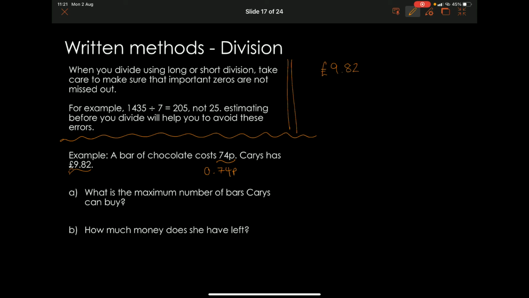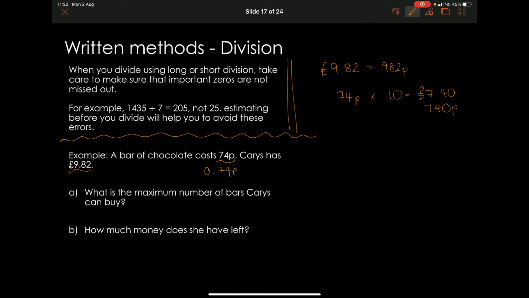What I could do instead of doing that long division method or short division method using the bus stop, I could think, okay, well, I know that 74 pence times 10 chocolate bars, I should know this, is £7.40, or 740 pence if you like. So this is 982 pence, I just want to remind you. Okay, so I've spent £7.40 or I've spent 740 pence.